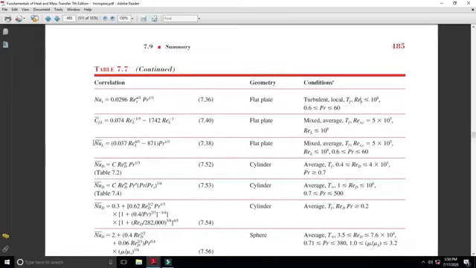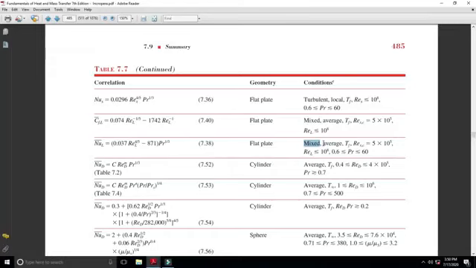Then NUL bar, right? So it is the average Nusselt number, which would be given as per this expression. If you recall, I had shown you this expression, and in one of the similar expressions this was written as A. So I had told you how that A is calculated, and it came out to be 871. So this equation is used for the flow over a flat plate when the flow is mixed, right?